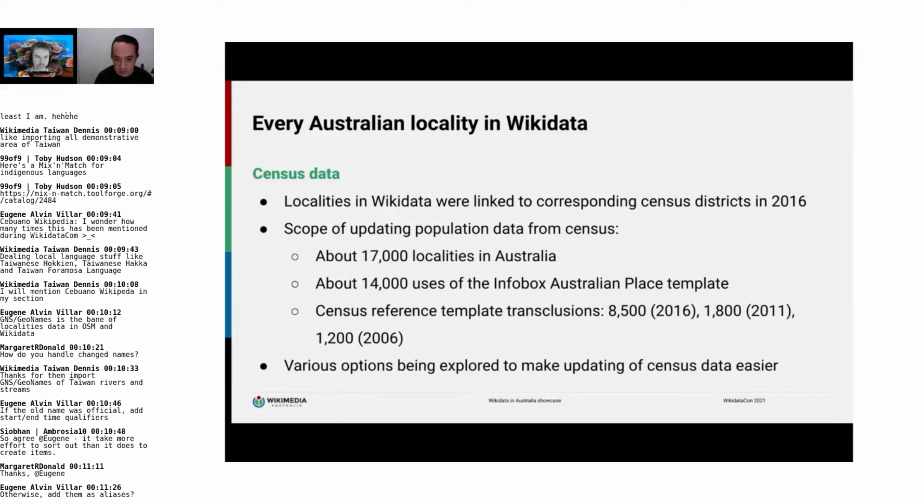We're looking at various ways to make that easier by using Wikidata, whether it's invoking Wikidata from an infobox, or contacting the API of the Bureau of Statistics. We're looking at several options, and hopefully when the data is released in a year, we'll be a bit further along and able to manage that a lot more easily than updating every article.